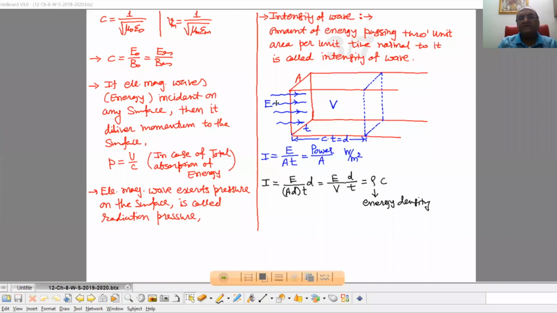Now, this energy passing through this particular surface covers how much distance in time T?